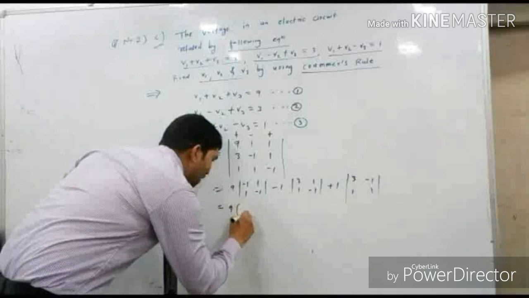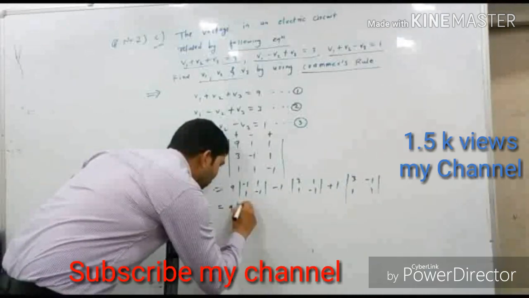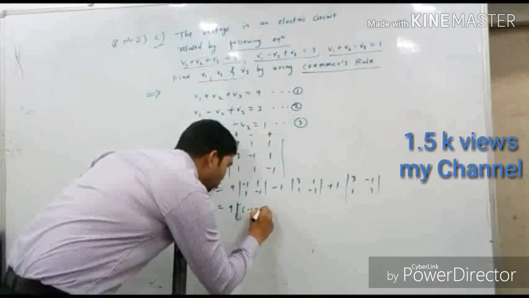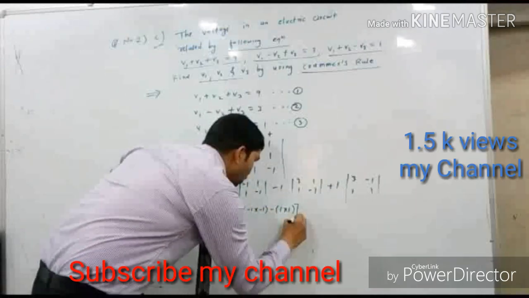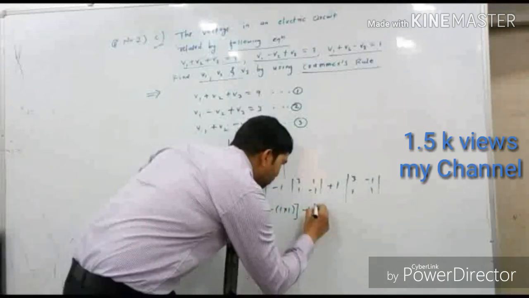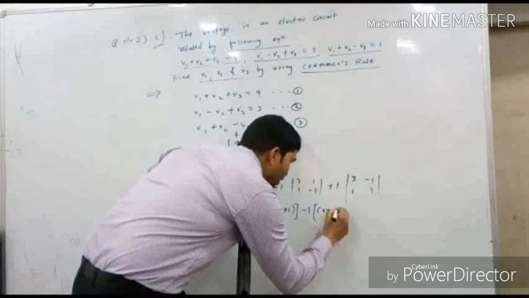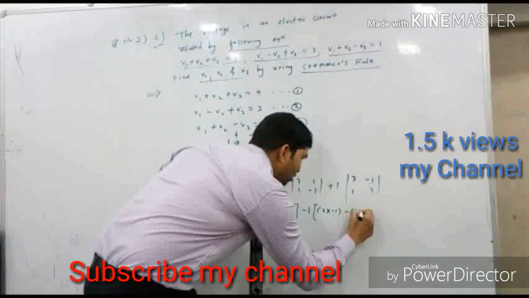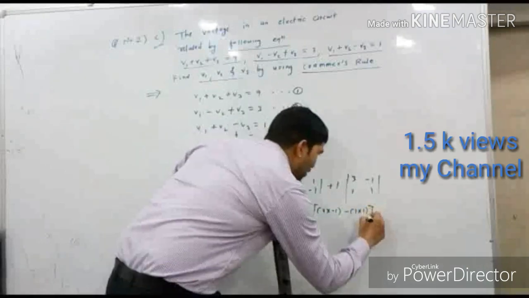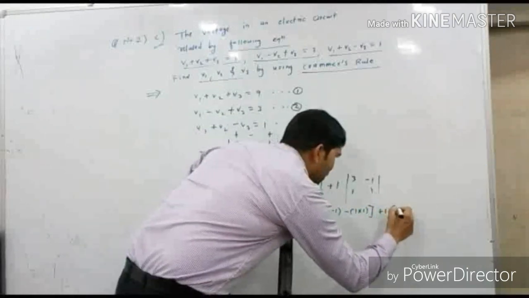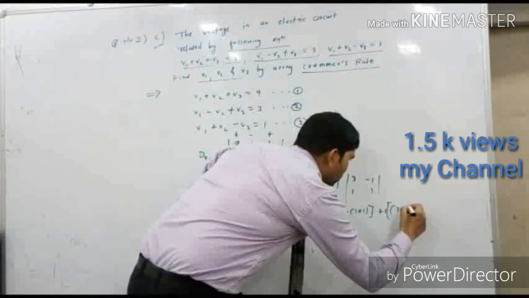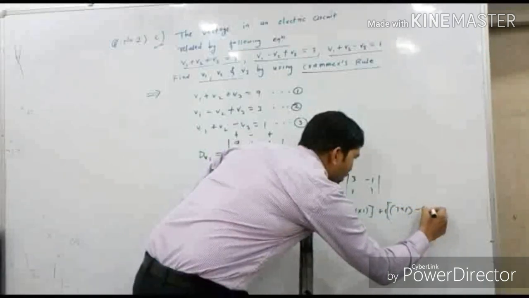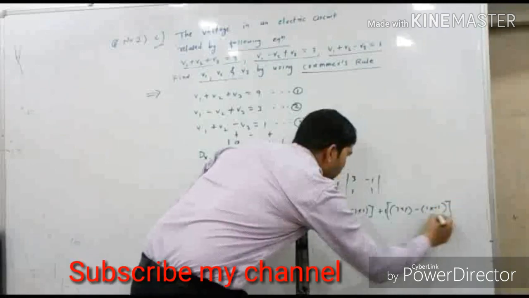By solving this, 9 as it is, take cross multiplication, minus 1 into minus 1, minus 1 into 1, minus 1 as it is, 3 into minus 1, minus 1 into 1, and last one, plus 1 as it is, 3 into 1, minus 1 into minus 1.